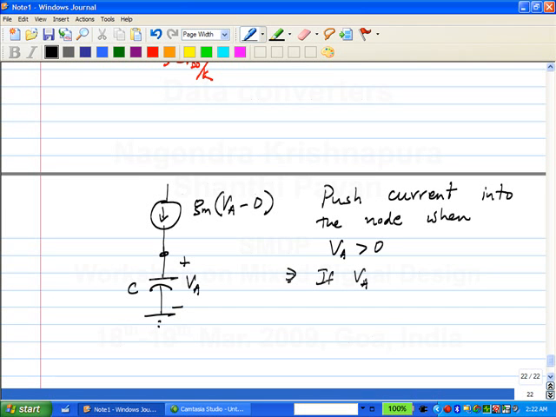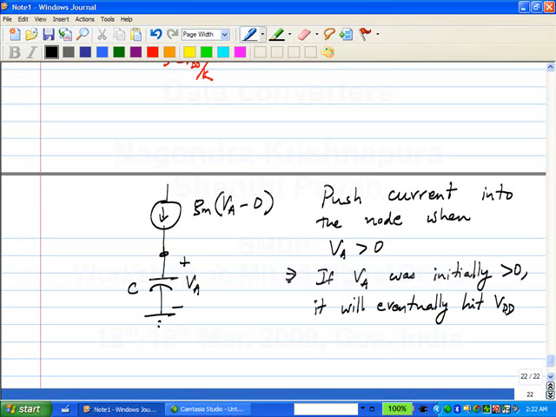It will hit the positive rail. Is that clear? On the other hand, if Va was initially greater than 0, it will eventually hit Vd. Does it make sense?